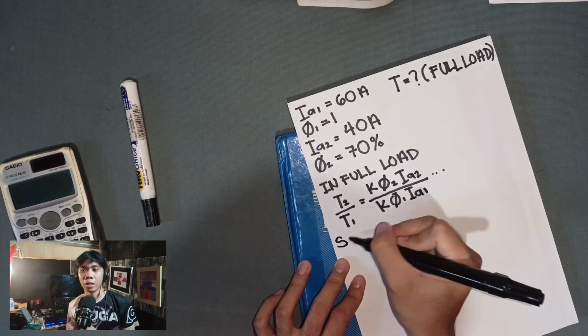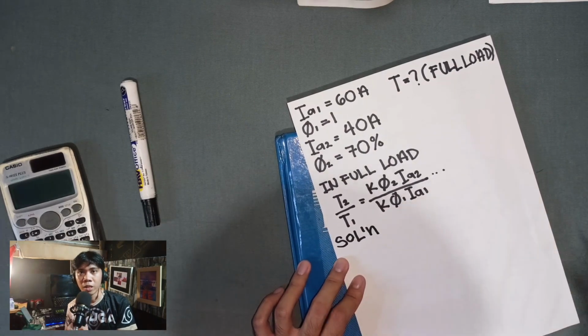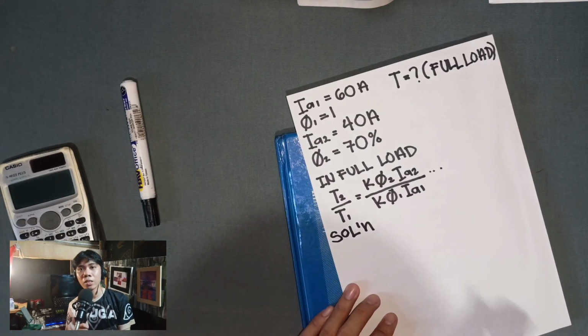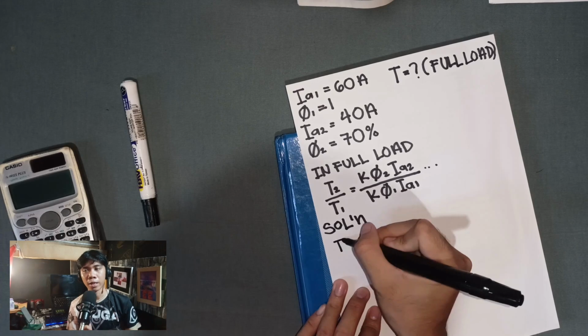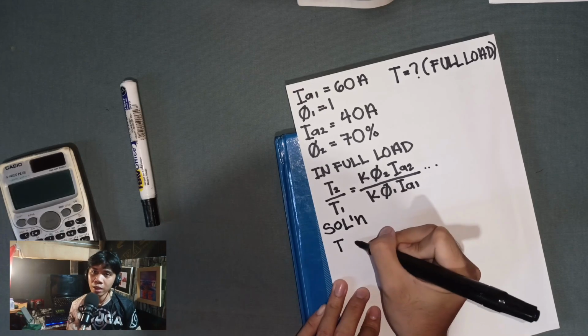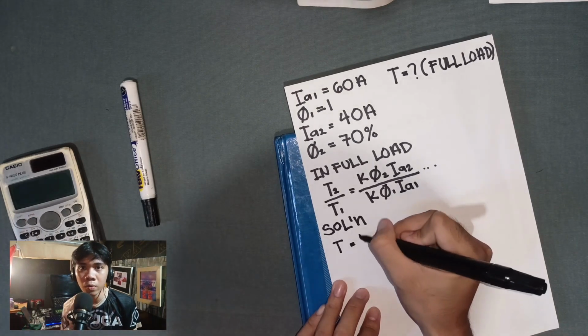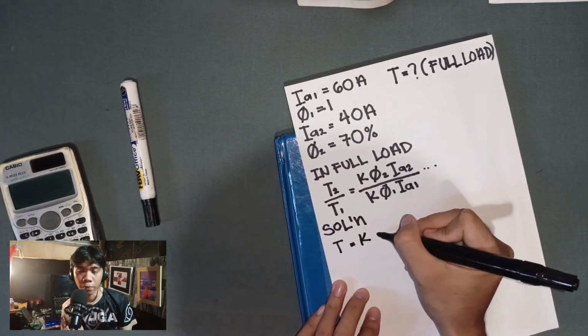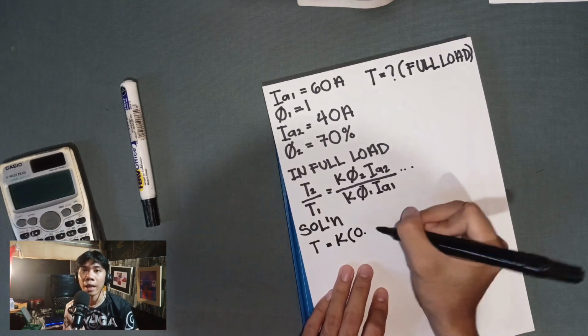Ngayon, we are going to solve this problem. Nakuha na natin yung given, yung hahanapin natin, at meron na rin tayong formula na gagamitin. Para makuha natin yung torque in percentage, kailangan muna natin i-substitute lahat.